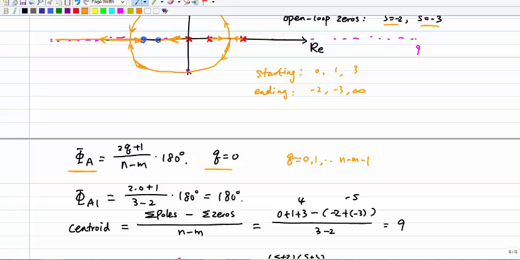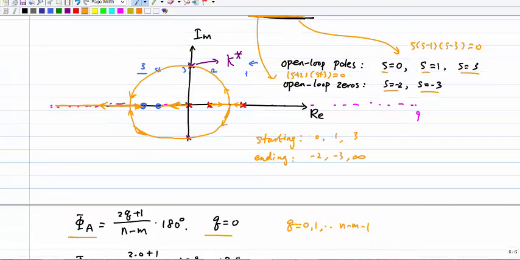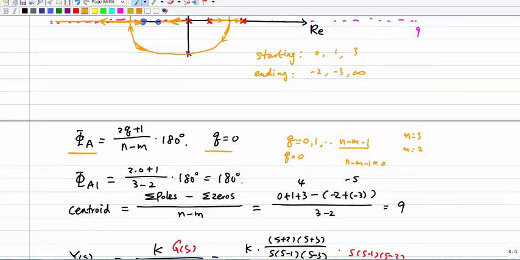The difference here is n is 3, m is 2, so n minus m minus 1 becomes 0. Which means q can only select 0. That's why I only have q equals 0 here. So I just plug in q equals 0.